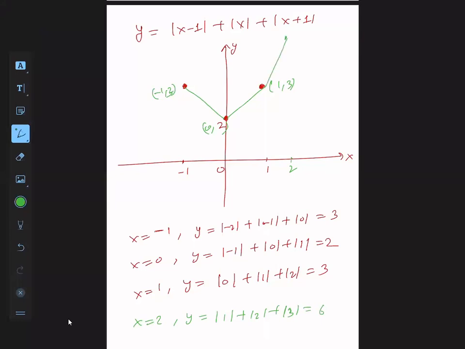So if I join this, then this will be the shape of the graph. So it is symmetric about y-axis. Exactly whatever I am getting on the right hand side, it is just a reflection on the left hand side.